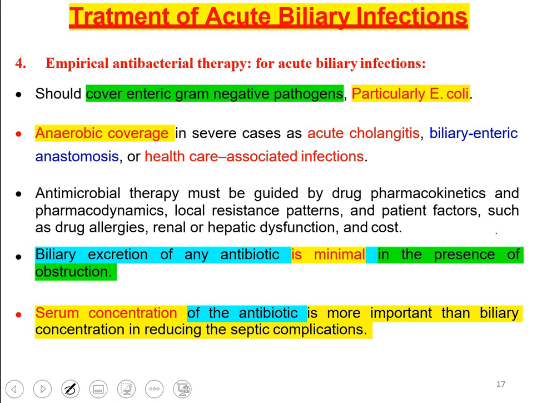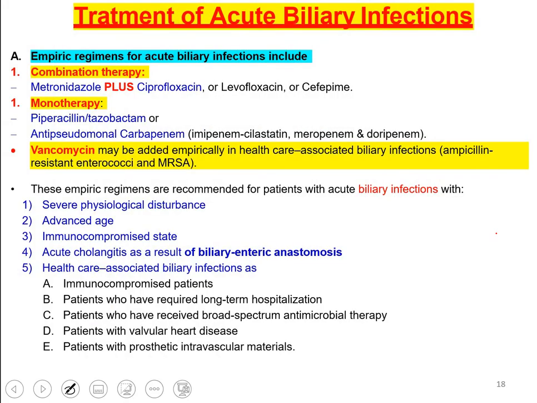That is regarded nowadays as the best drug in antibiotic therapy. In case of empiric therapy, as I referred to, ciprofloxacin, levofloxacin, cefepime, or a third generation cephalosporin and piperacillin-tazobactam combination may be used.